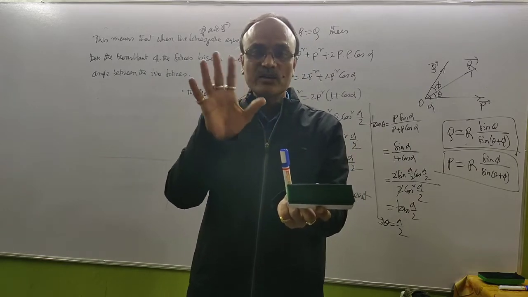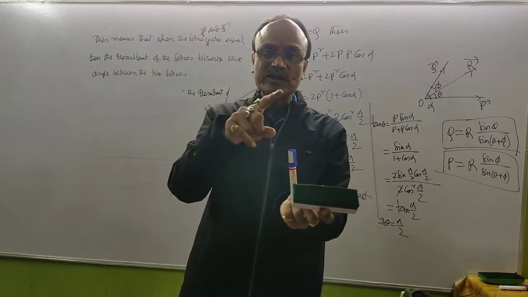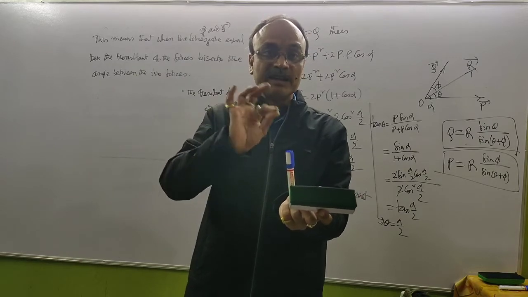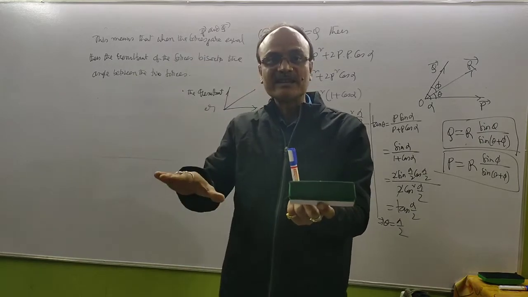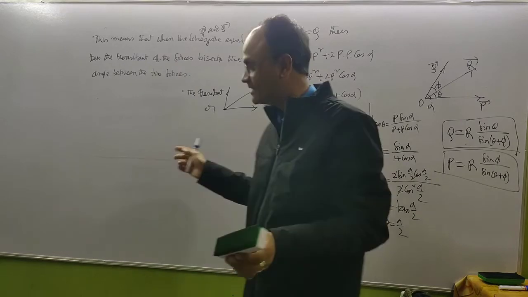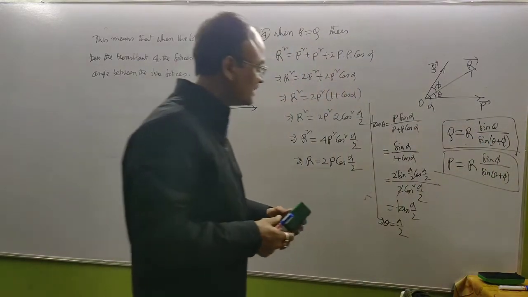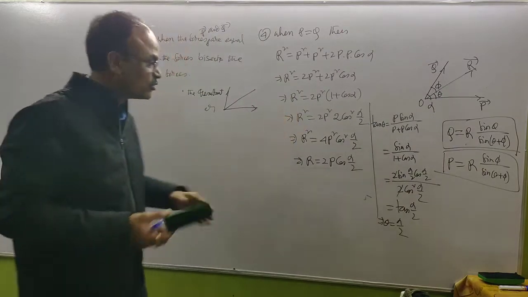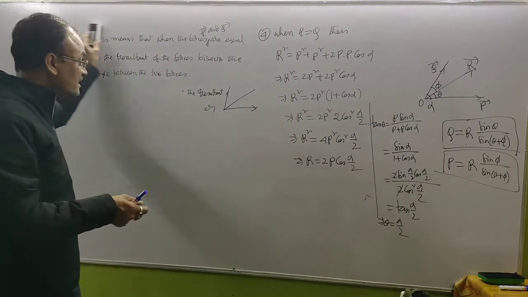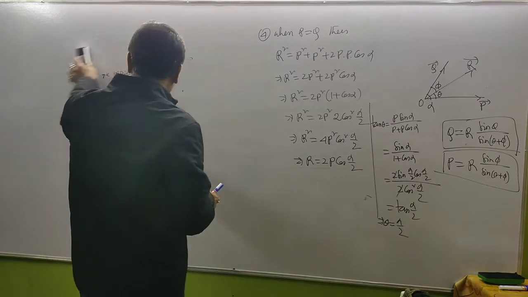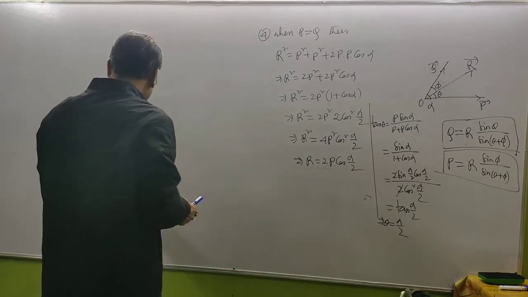But if one force is greater and one force is smaller, then the resultant will be nearer to the greater force. I have just told you this one. Perhaps you have all noted down everything.